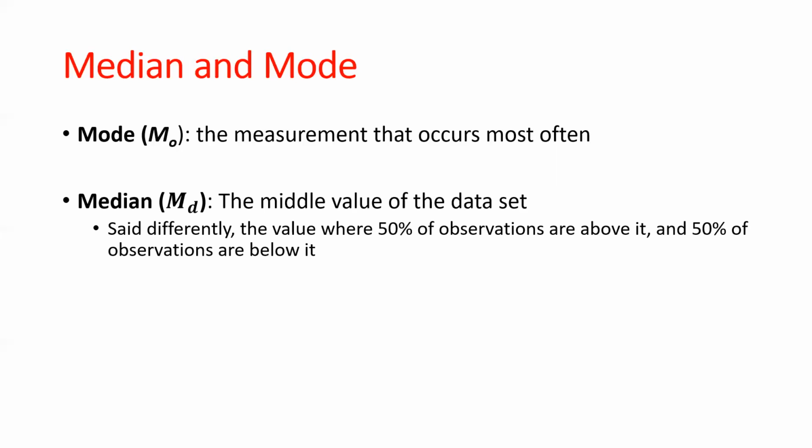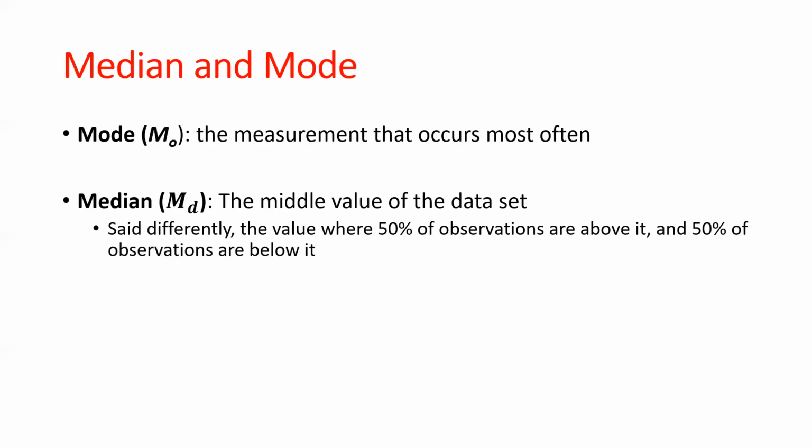Using small data sets here just to make it easy. Cross out the lowest, cross out the highest, and if I cross out the next lowest and next highest, I'm not left with any observations. So with an even number data set, I'm always going to have two observations in the middle. What do I do then? I find the average of those two. So I have a little bit more work to do: I have to find the average of the two observations in the middle.